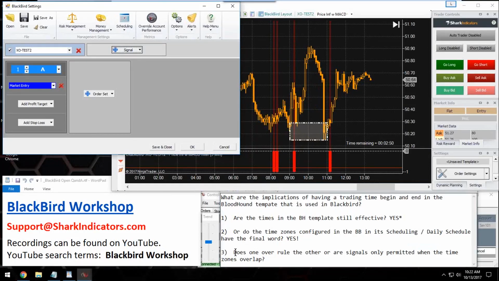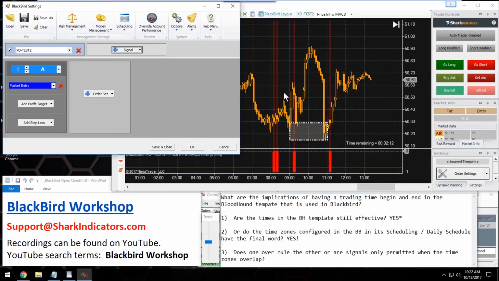All right, and now number 3: does one of the rules override the other, or are the signals permitted when the time zones overlap? So Blackbird's scheduler overrides BloodHound.